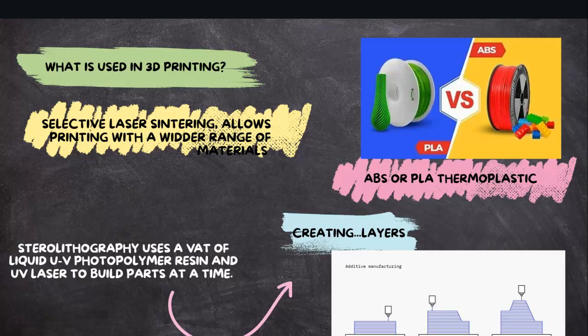Here I have also added that stereolithography uses a vat of liquid UV photopolymer resin and a UV laser to build parts one layer at a time. Here's an example I want to add, because building parts a layer at a time basically means it's creating layers, which I added a photo of down here.